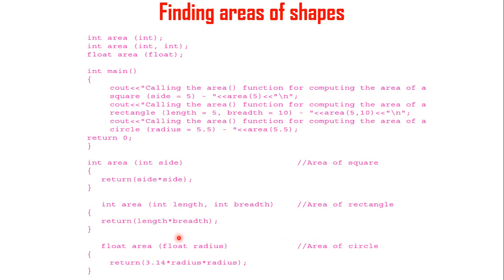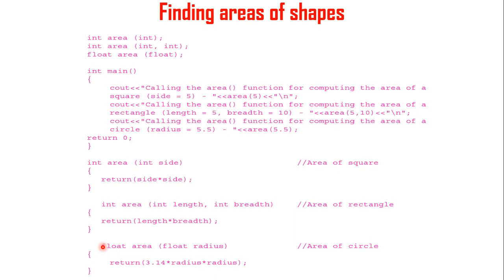This one argument is used to compute the area, pi r into r, that is 3.14 * radius * radius. This will be computed and returned to the calling program as a float value.